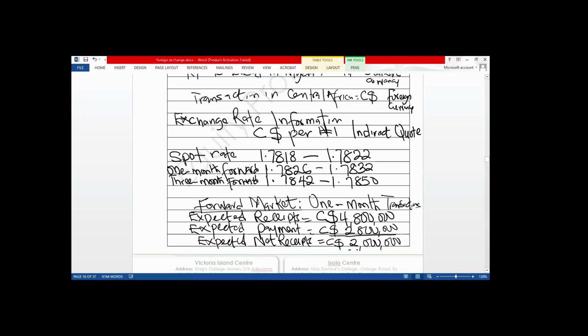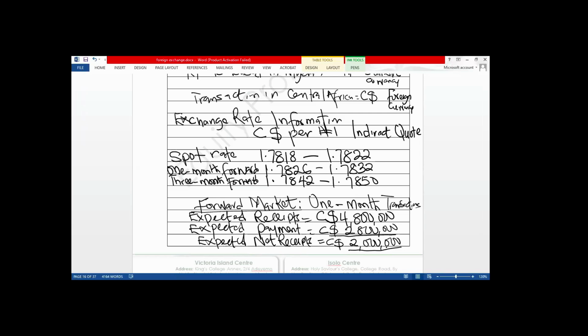It is these $2 million that we are going to hedge. Where you have two transactions in the same currency and the same future time period, you are going to do a net off. It is the balance that you are now going to hedge.